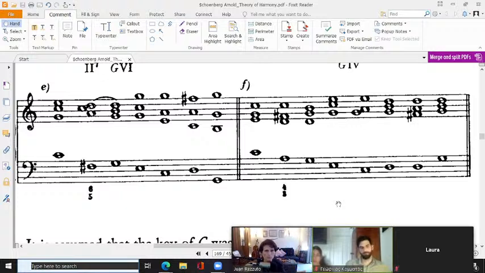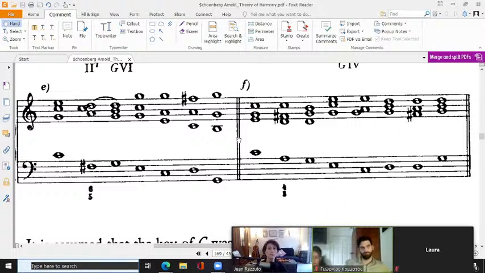They will know. In orchestration, this is a way to connect orchestration with harmony, which are entangled. It's not a bad thing. It's a very clever way to reinforce something that otherwise won't be.